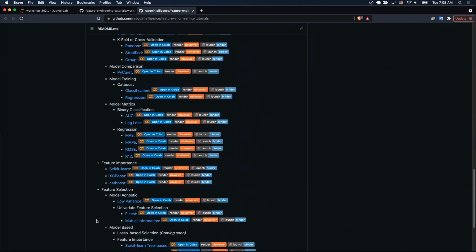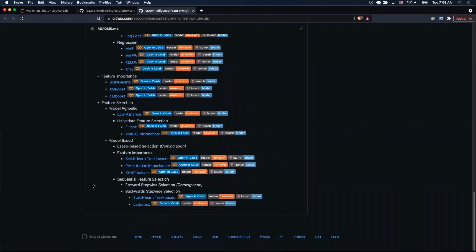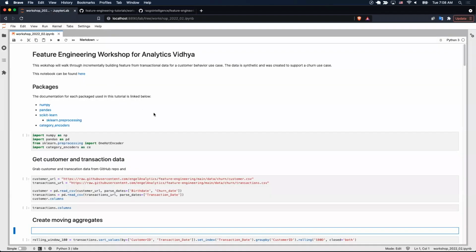So there's a lot of additional things here that you'll be able to take a look at and explore. And this is all open source, and I welcome any additional help or suggestions or questions about this repository. So with that, let's get started.